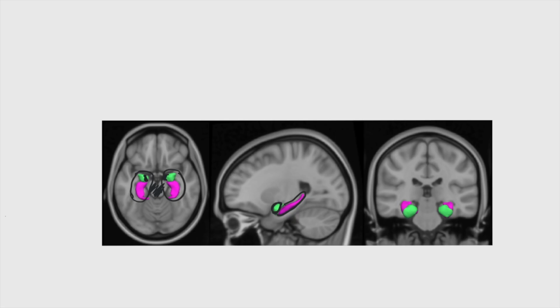The important function of the anterior temporal lobe is that it is a hub for semantic memory. We are not going to talk about semantic memory this time.